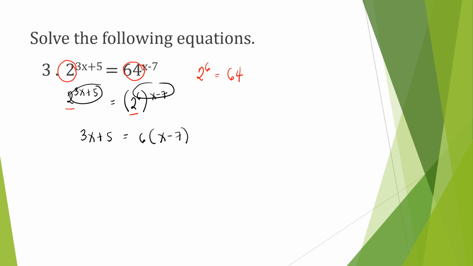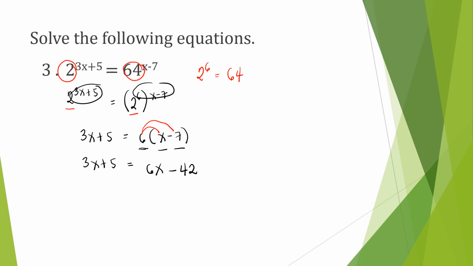Let us now use the distributive property. So we have 3x plus 5 is equal to 6 times x is 6x. 6 times negative 7 is negative 42.